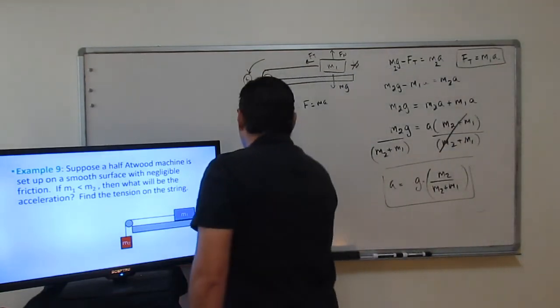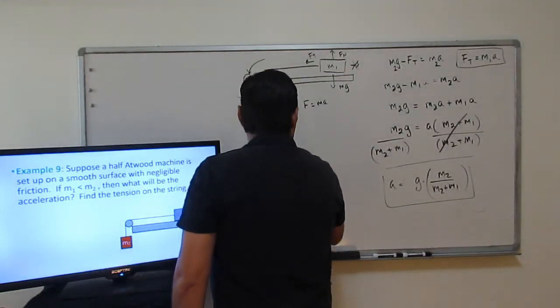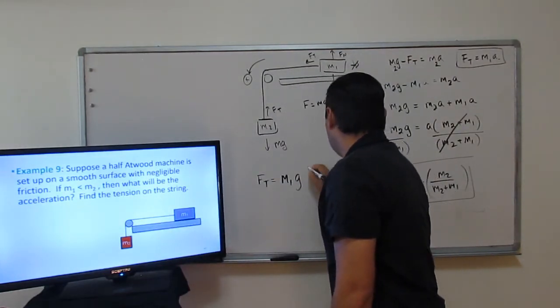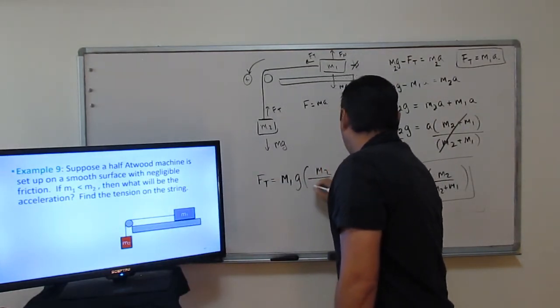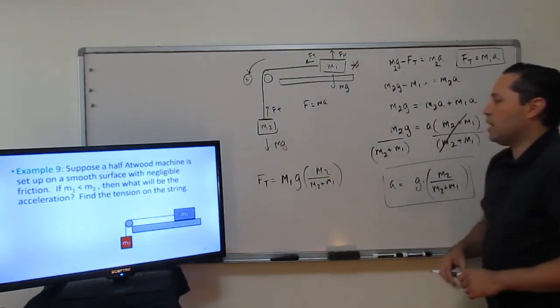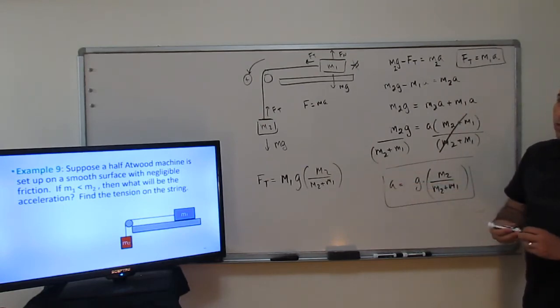Force tension is equal to the mass of object 1 multiplied by gravity, times m2 over m2 plus m1. That would be the force tension for example number 9.